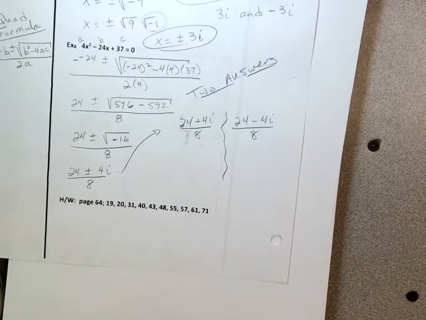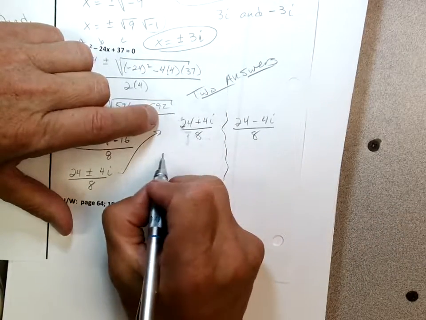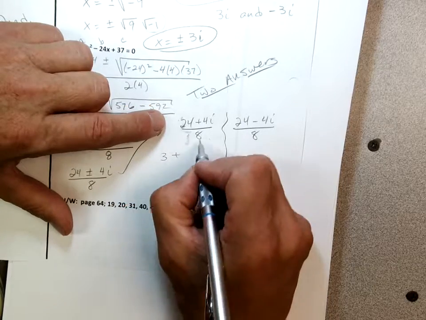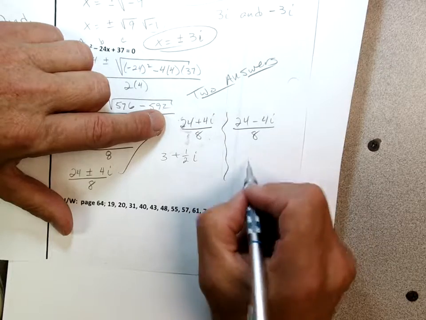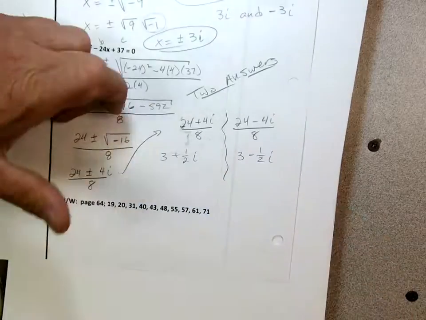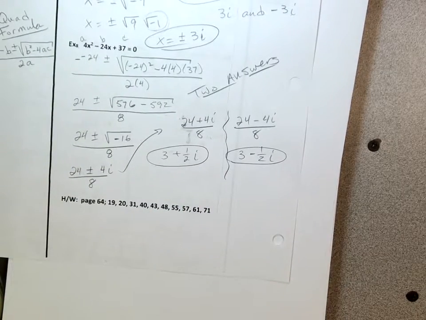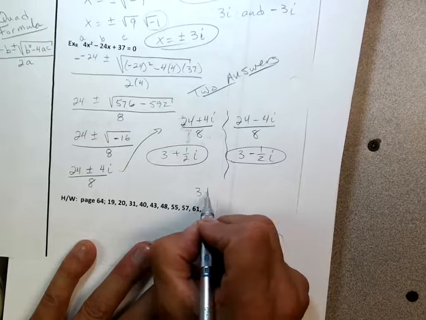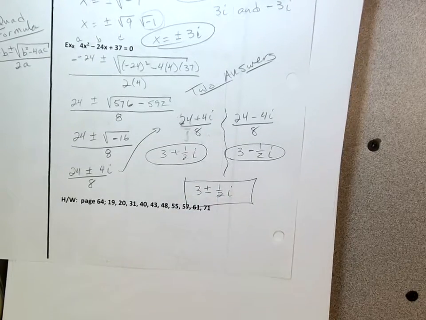Okay, so let's break it up. We're going to have 3 plus 1/2 i, and 3 minus 1/2 i. Those are the answers. Me, I would write it like this: 3 plus or minus 1/2 i, because then it shows both at the same time.